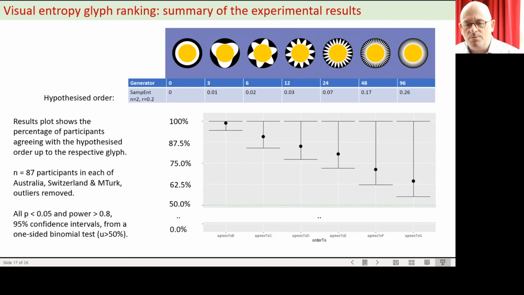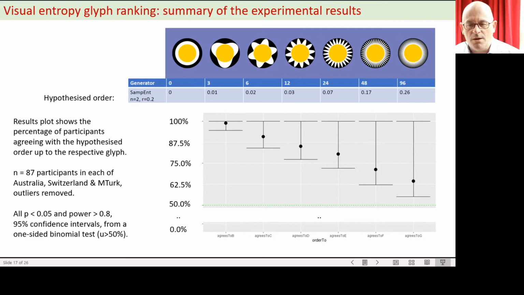And underneath that, the plot shows how many people in our sample population agreed with that order up to a certain glyph. So up to the second glyph with 3 lobes, almost 100% of people put those in the order there. Up to the third glyph, about 94%, and then up to the 7th glyph, about 65% of people agreed with that.